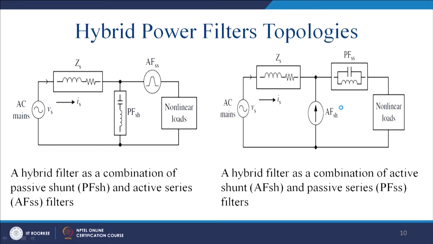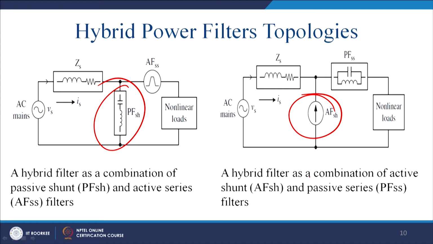Similarly, we can have shunt series combinations. So, you have a shunt passive filter and series active filter. A hybrid filter is a combination of the passive shunt and the active series, and this combination is just the reverse. You have an active shunt and the passive series.